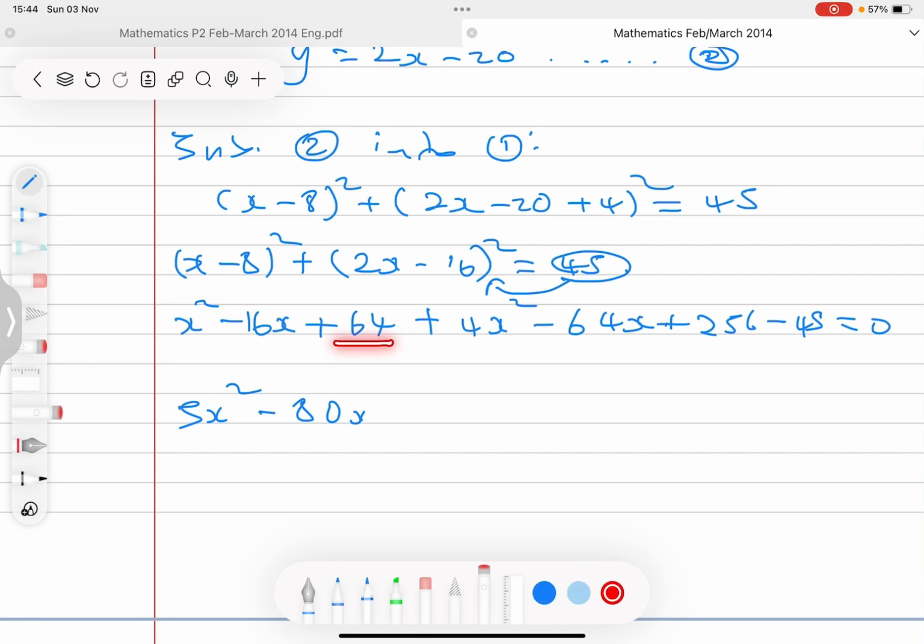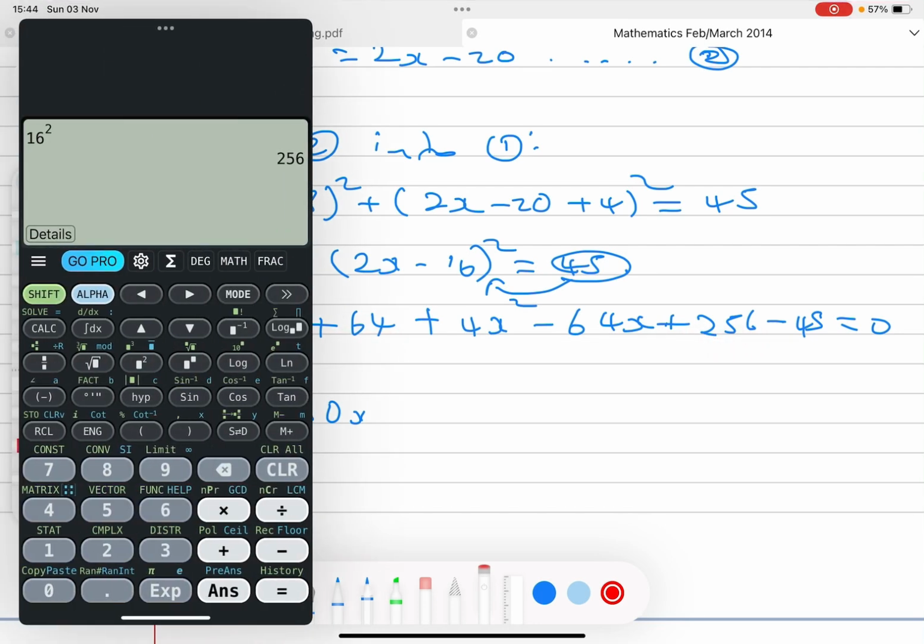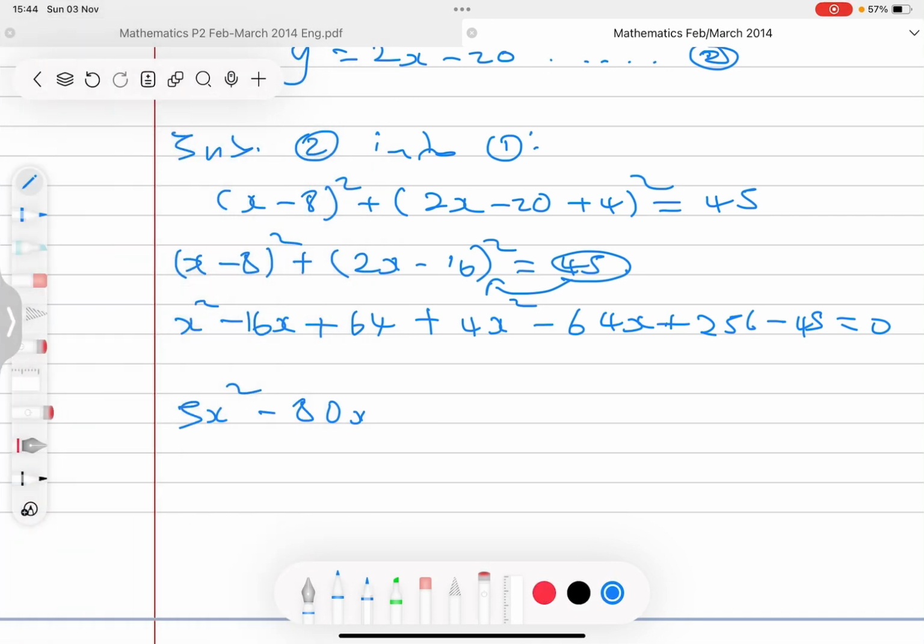We have a 46 here. And okay, to save time, let me just use my calculator. This is 46 plus 256 minus 45. That gives me a 725. So we're going to have a positive 275 is equal to 0.